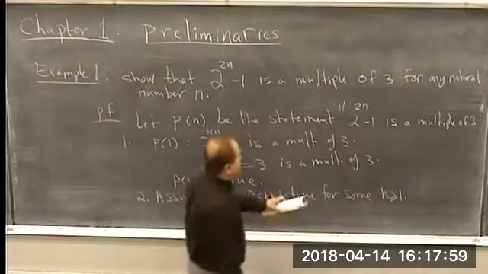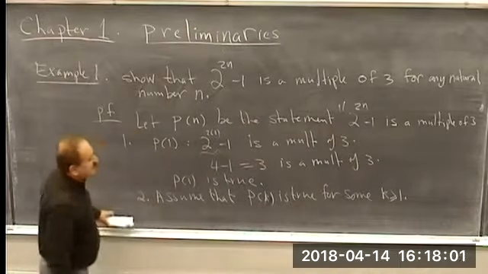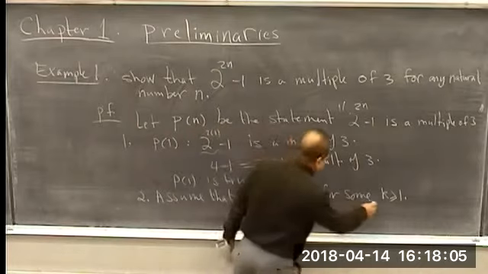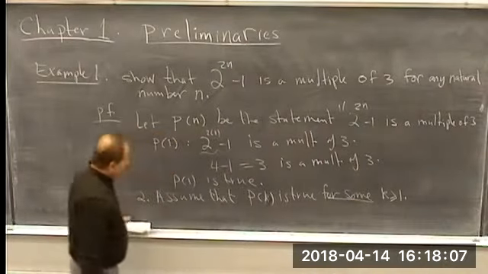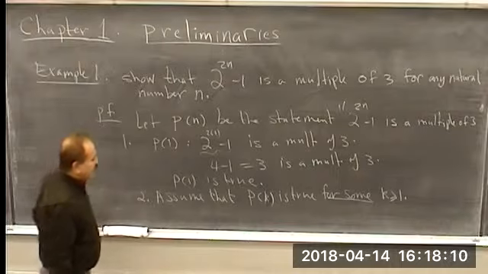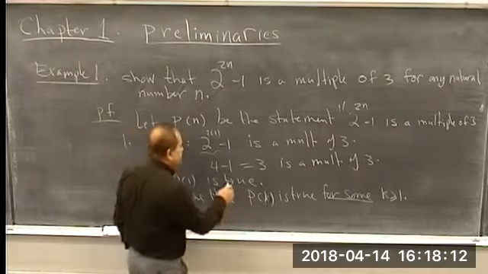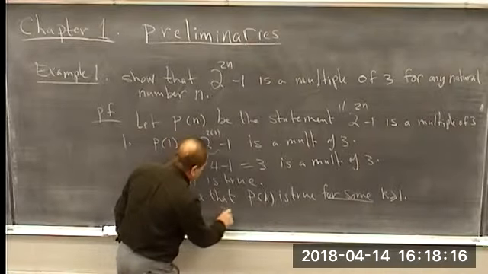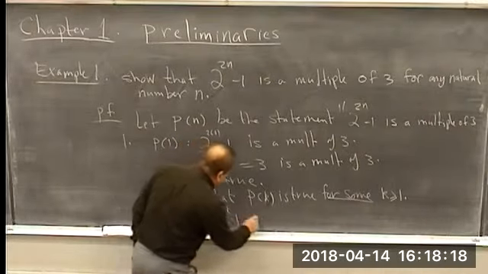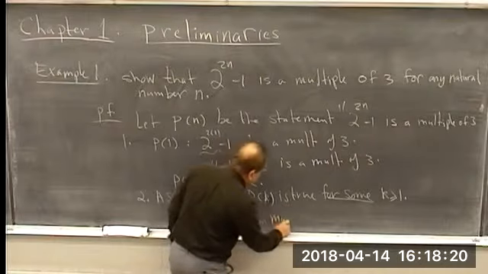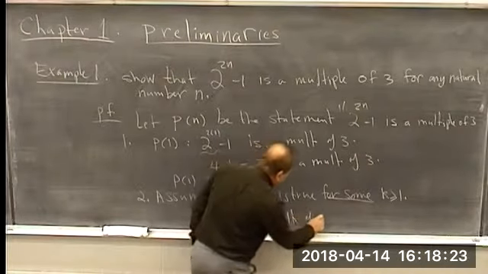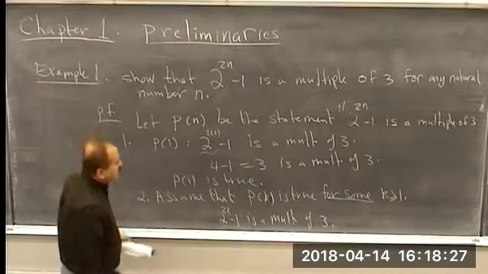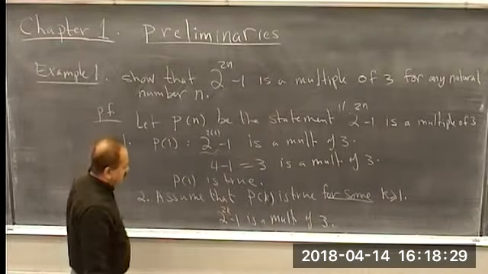So we know that this statement is true, right? We cannot say it is true for all, okay? So this is very important, it is for some. What does this mean? This means that 2 to the power 2k minus 1 is a multiple of 3. Of course, later we're going to rewrite how we can express this statement mathematically.